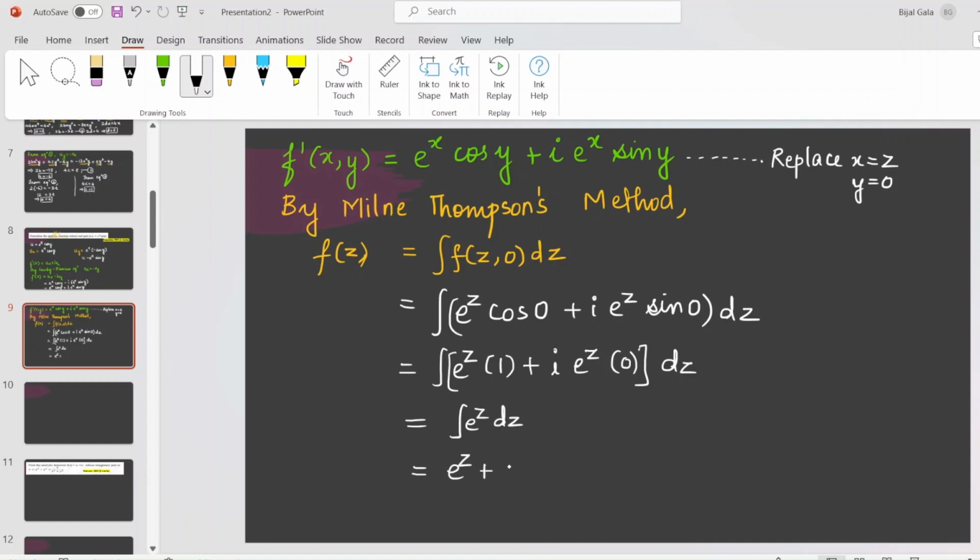And of course, we'll add the constant of integration. So this is the required analytic function. I hope the question is clear to everyone.